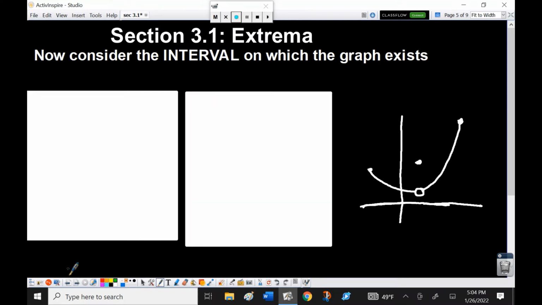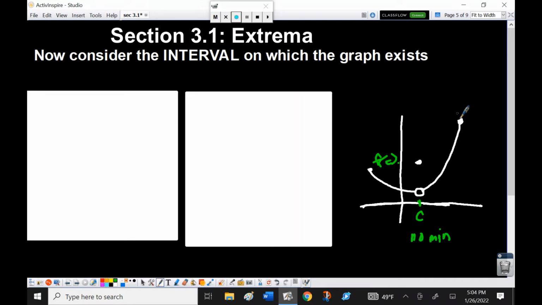Let's look at this case. In this case, there is no minimum value. That point has been redefined up here to this f at c. Okay? So at c, this is the new value. There is no lowest point, so there is no minimum. Right?